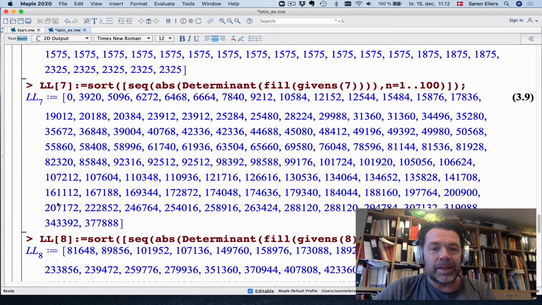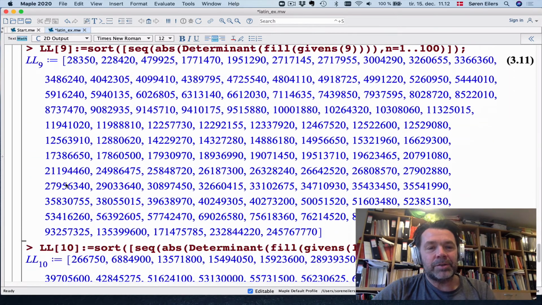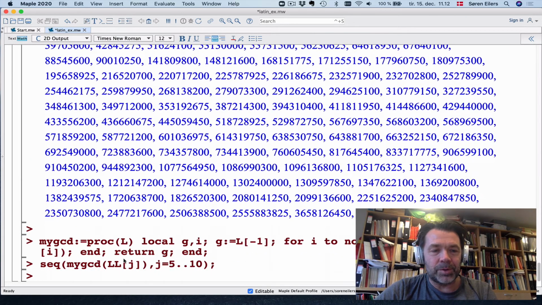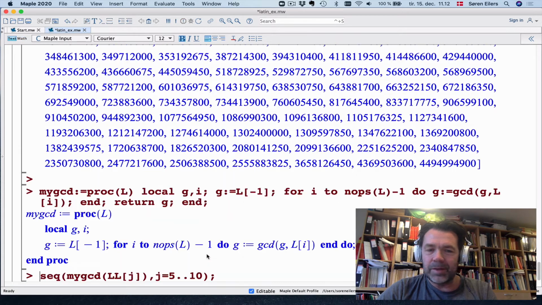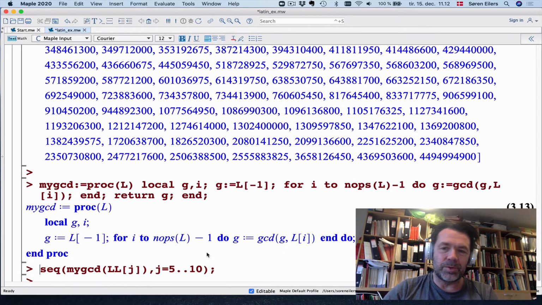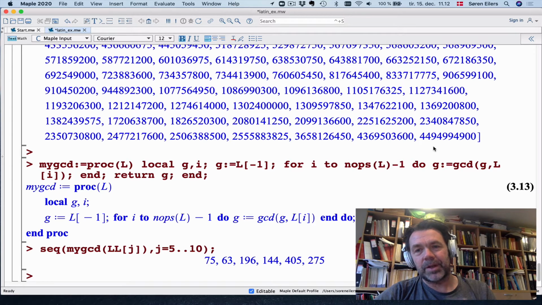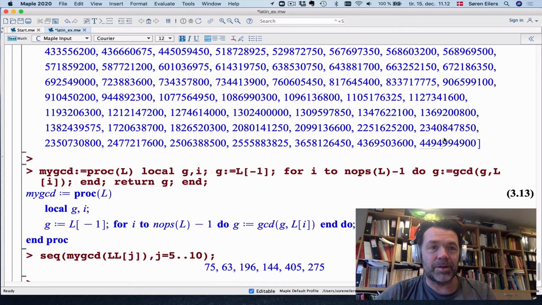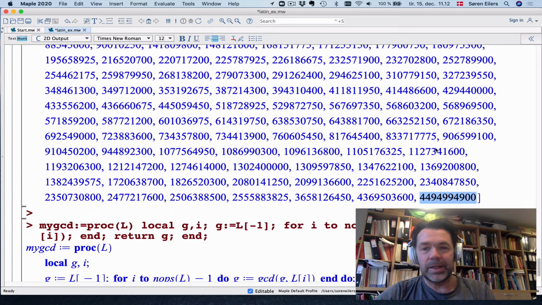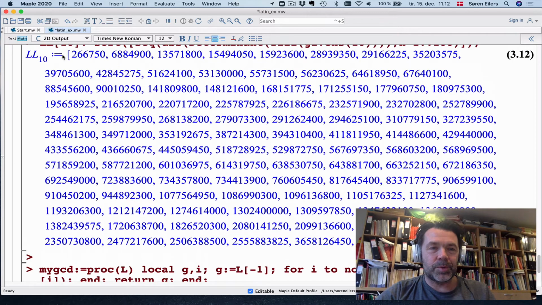So I'm taking a subset, and actually, if I write a little program called MyGCD, for some reason Maple doesn't know how to do GCD of more than 2 numbers, but my little program sort of runs this through and takes the GCD of, actually I'm starting with the last number because that's not 0, and then I'm taking the GCD of the last number and the first one, and then of that with the next one, and of that with the next one, and so on.